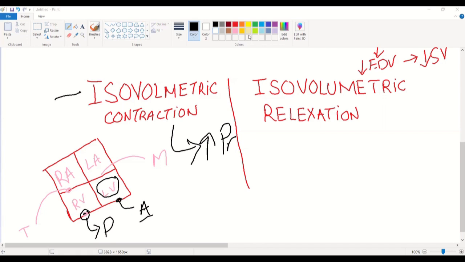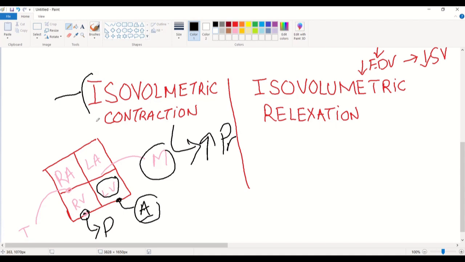Is it due to the closing of the other valves? Yes. Ingoing and outgoing valves are closed: the mitral valve is closed and the aortic valve is closed. So the ventricles act as a closed chamber. Nothing is coming in and nothing is going out.